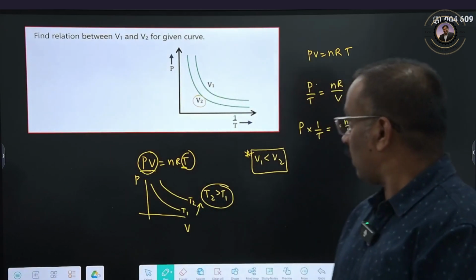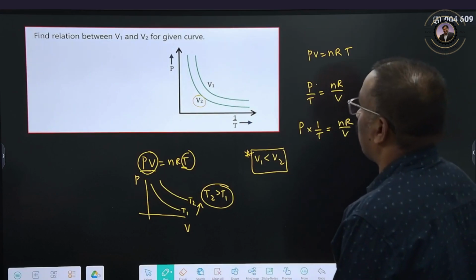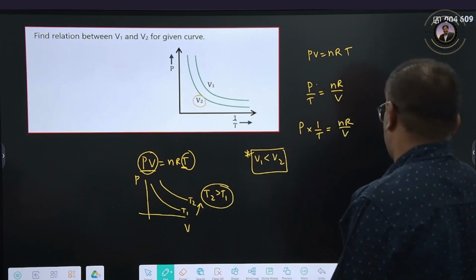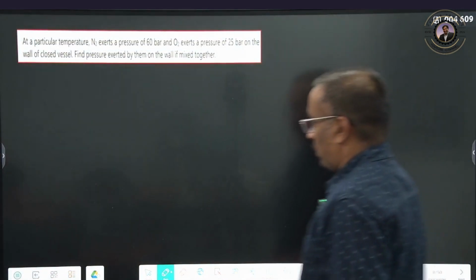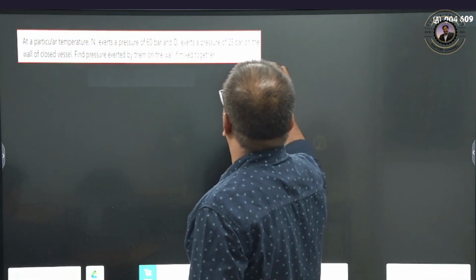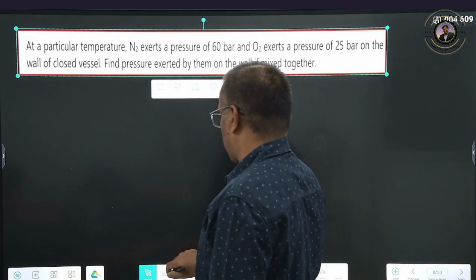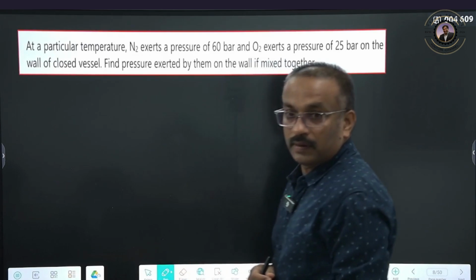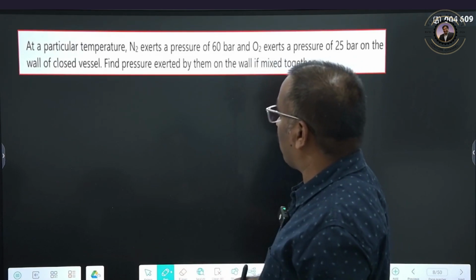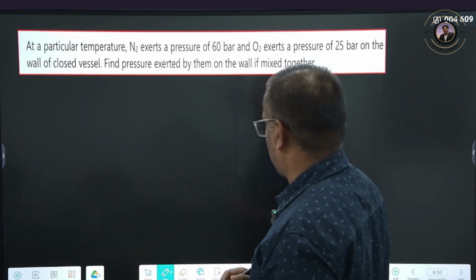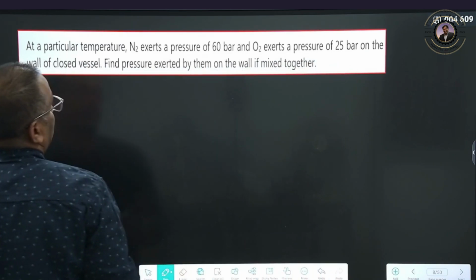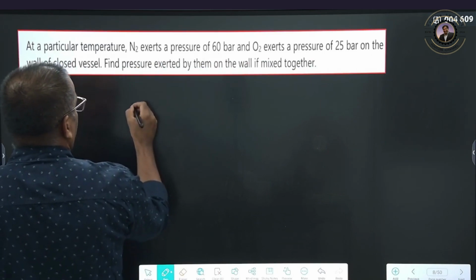Clear? Okay. Now let us go for one more question. At a particular temperature, we don't know what the temperature is, N2 exerts a pressure.